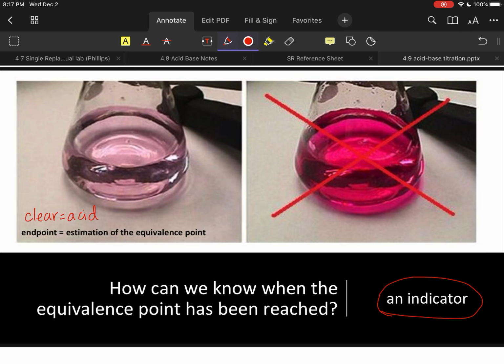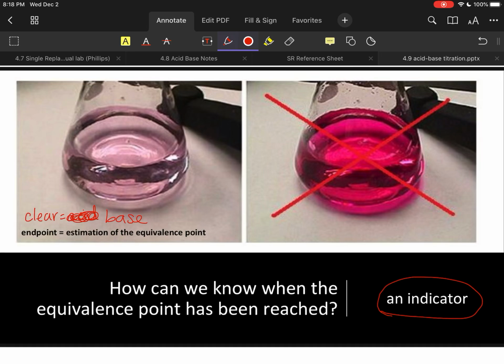So I've added it to the flask when the acid is in there, and then as you are adding your base, it's clear with the base. Sorry, got it backwards. So it's clear when it's a basic solution.